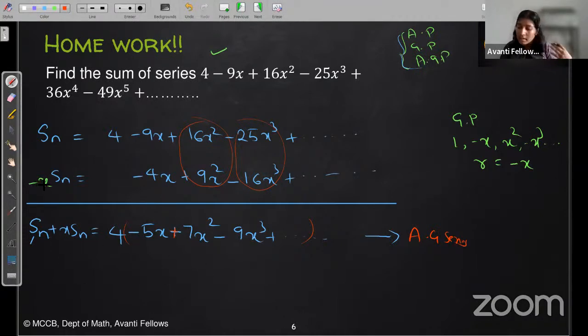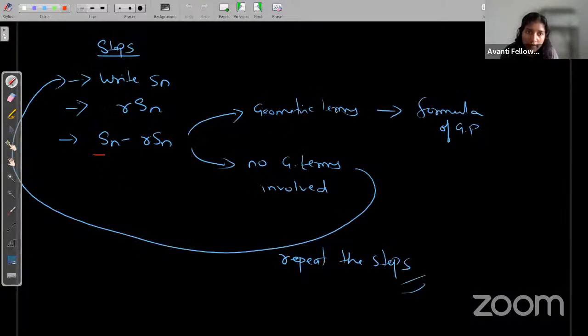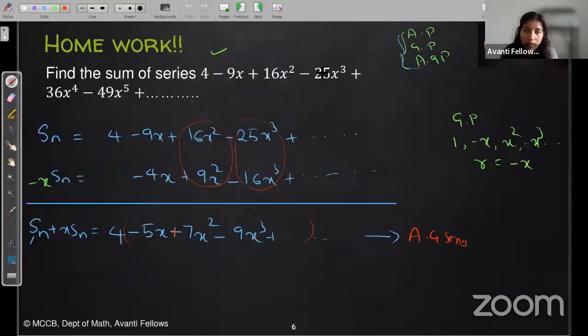We'll repeat the same procedure again. Have you understood till this point? We have solved till this step. Now in the next step, we did not find any geometric terms, so no geometric terms are involved. So we are repeating the procedure now. What is repeating the procedure?